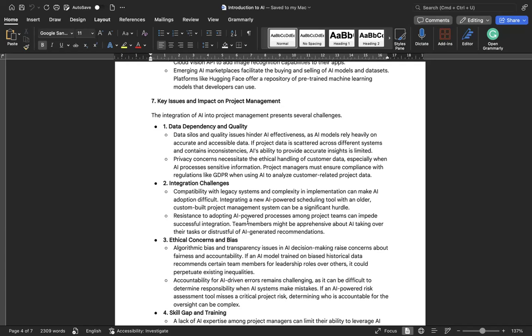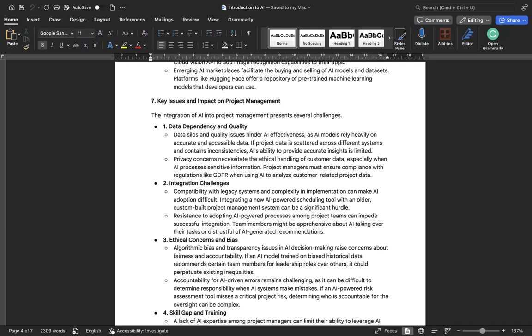Resistance to adopting AI-powered processes among project teams can impede successful integration, and team members might be apprehensive about AI taking over their tasks, or sometimes distrustful of AI-generated recommendations as well.